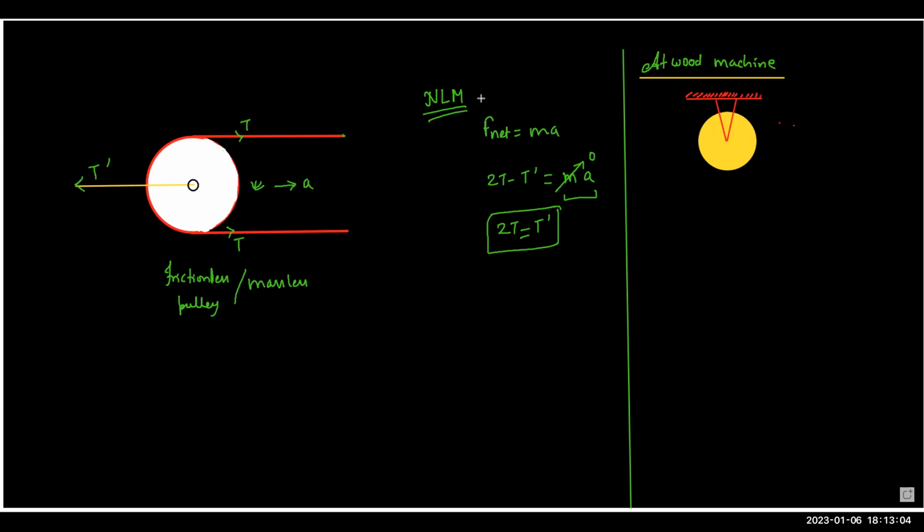And then with the help of two threads passing over this pulley, you attach two masses of different value, you can say M1 and M2.